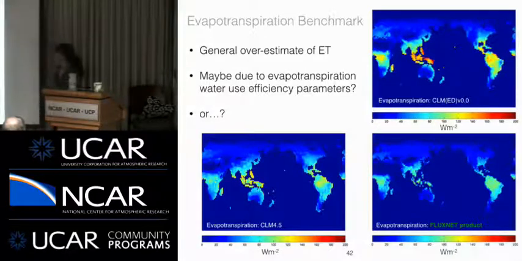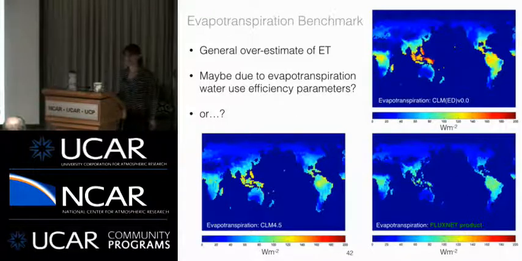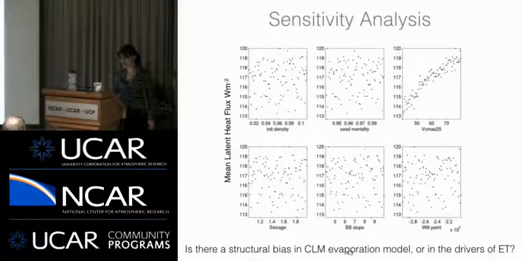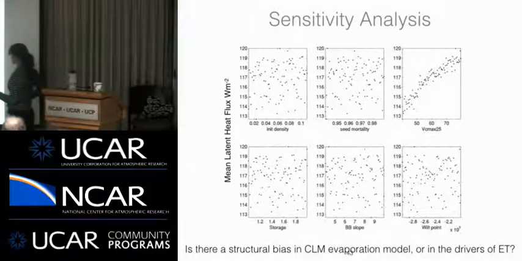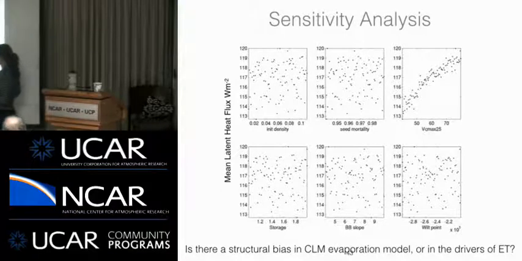So I picked a point in Brazil and did a sensitivity analysis to see if this was a parametric problem in the model. I did 100 simulations at that place in Brazil, and I perturbed some parameters that I thought would be influential on the evapotranspiration.